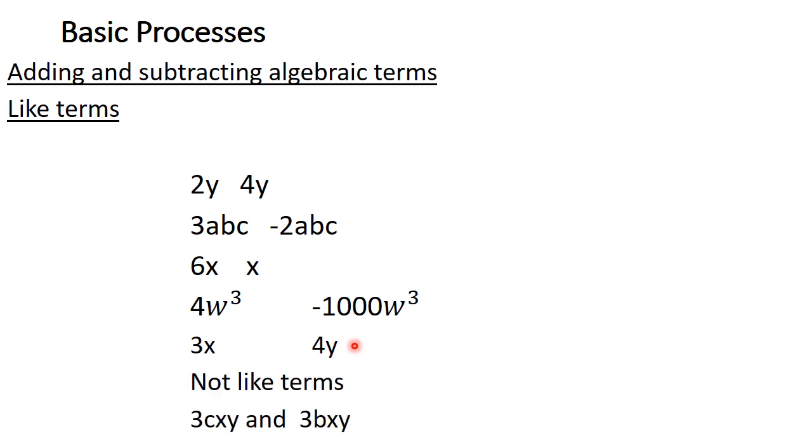Another last example is 3cxy and 3bxy. The coefficients are the same, but the variables are different. This is cxy and this is bxy. They are not the same, so these are not like terms.